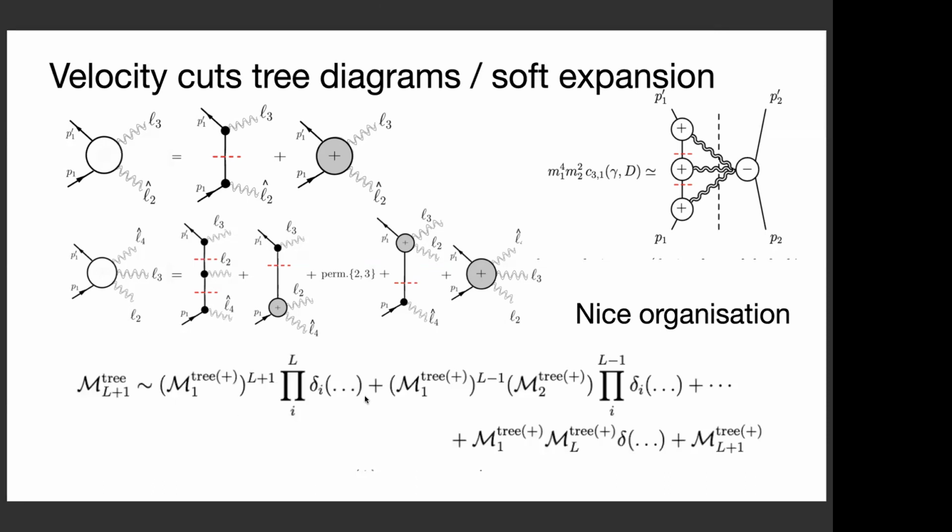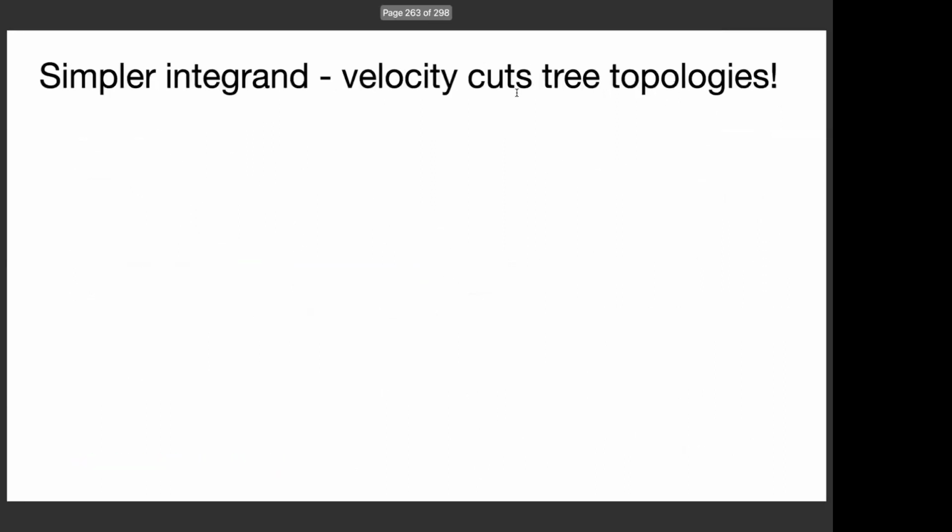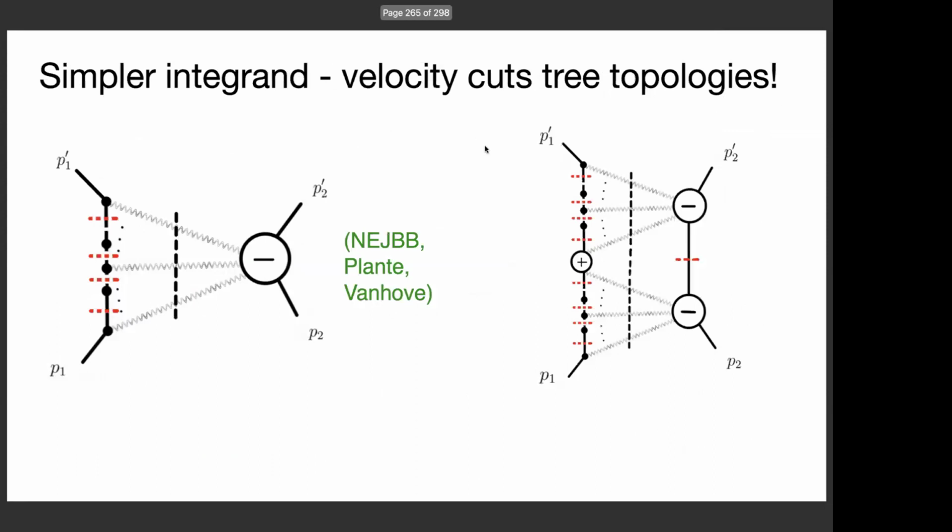And for the general tree, we can generate some expansion that has a coefficient times L number of delta functions and so forth, all the way down to a piece with no delta functions. So this gives us a velocity cut tree diagram expansion that is very easily linked to the soft expansion of the tree amplitudes. So this helps to construct integral topologies.